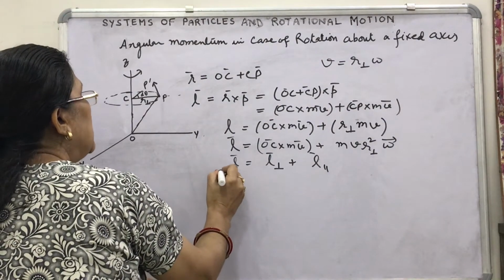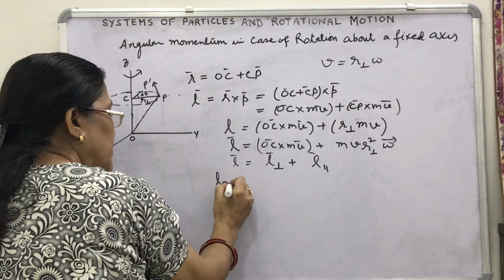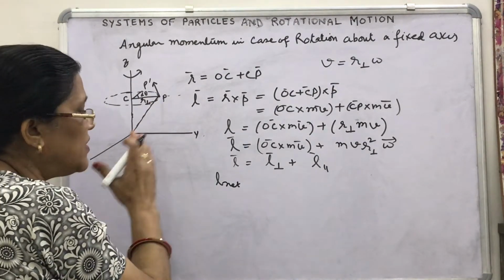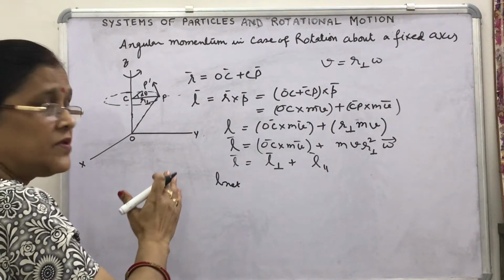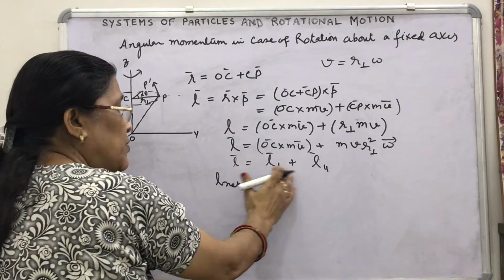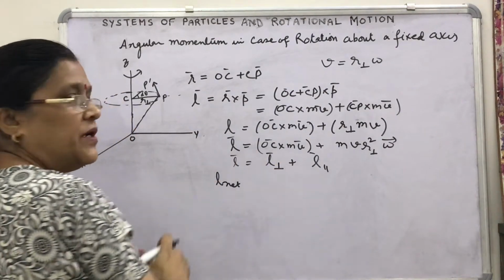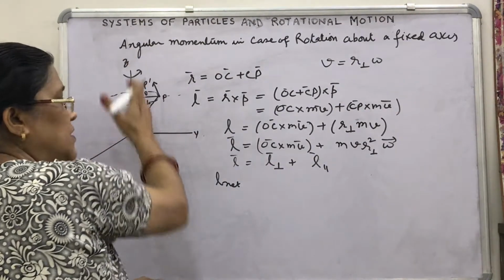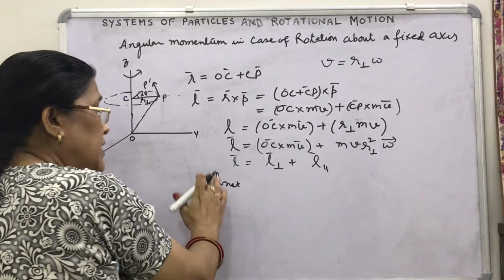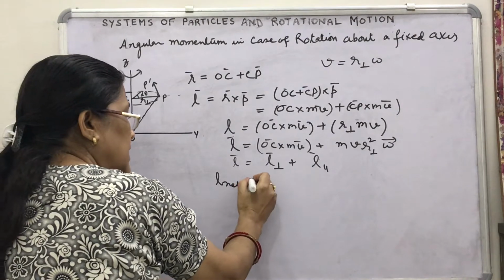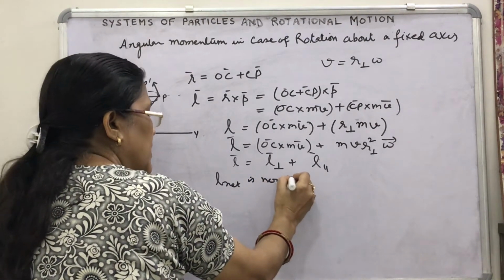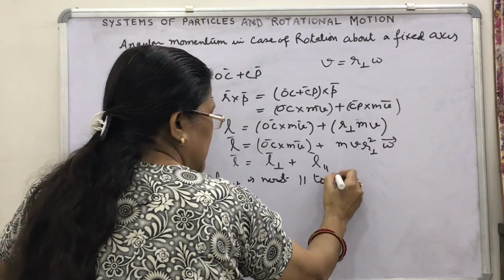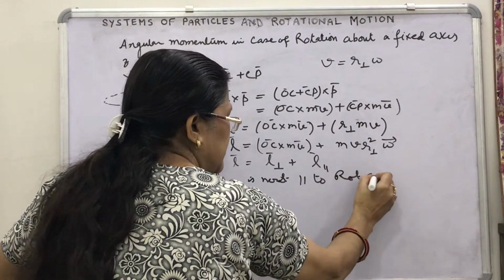We see that the net angular momentum for this typical particle on the rotating rigid body is the vector sum of these two angular momentums, one perpendicular to the axis, other parallel to the rotational axis. So this net angular momentum is not parallel to the rotational axis.